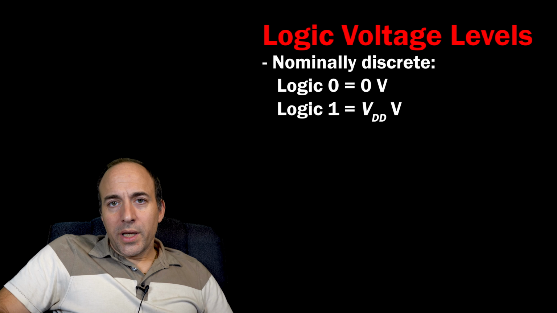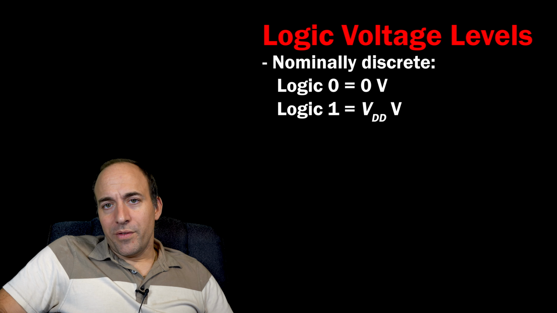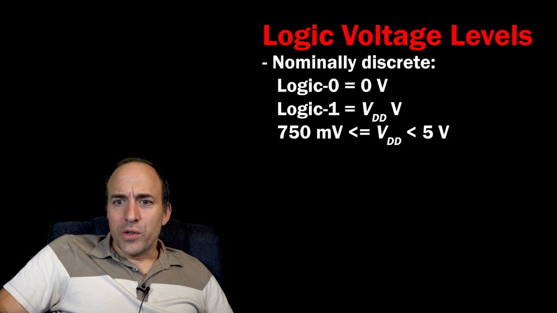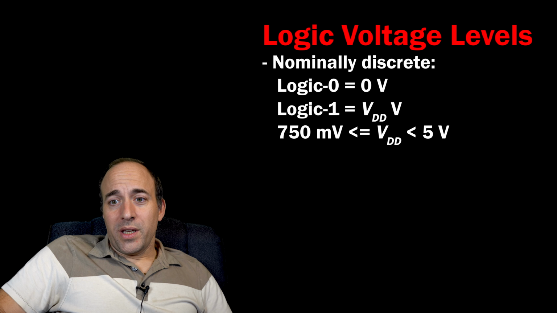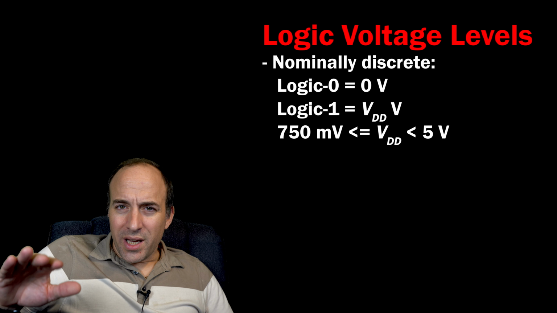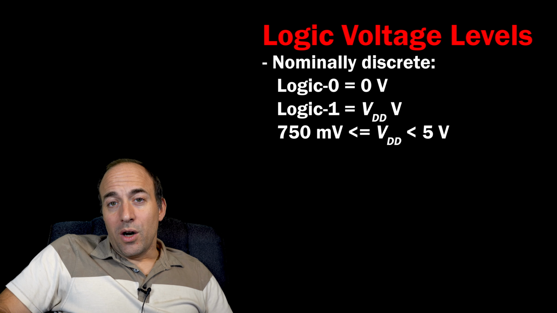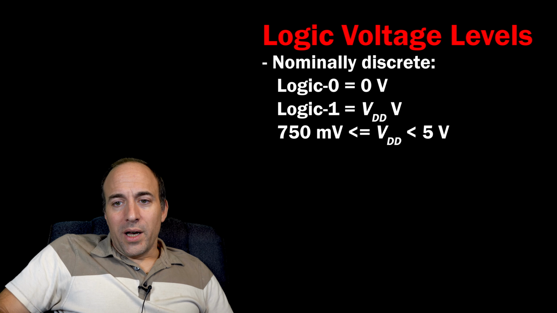In the early logic families of the 1970s, VDD started out at 5 volts, but advancements in semiconductor technology have allowed it to be steadily and continuously reduced, all the way down to less than 1 volt today.